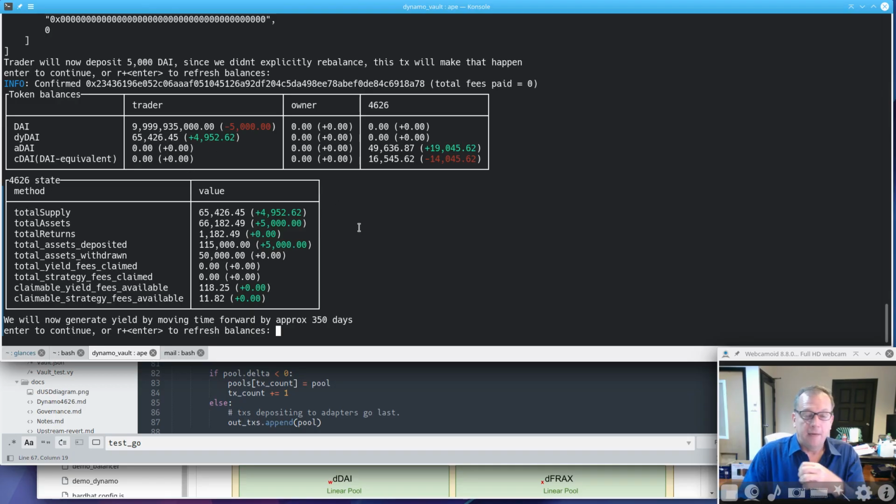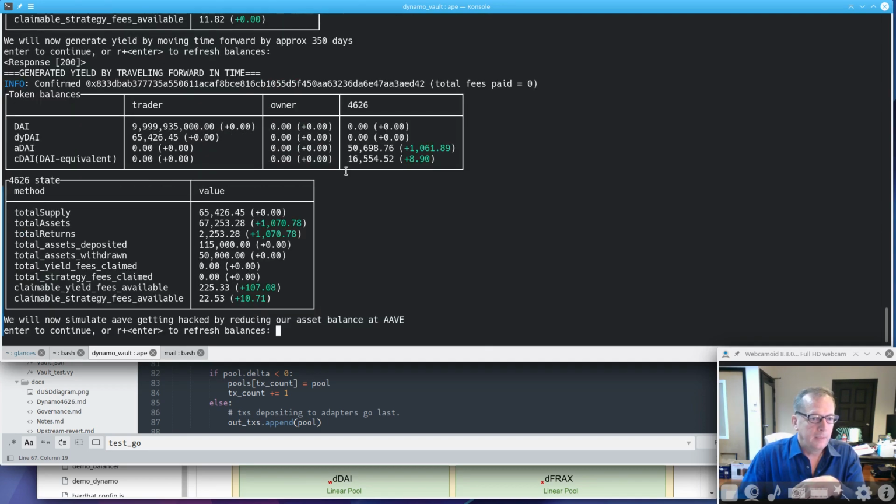So let's kick off and do some more yield, another 350 days. And okay, so we've earned more money from DAI this time, and so we've got some more fees here.